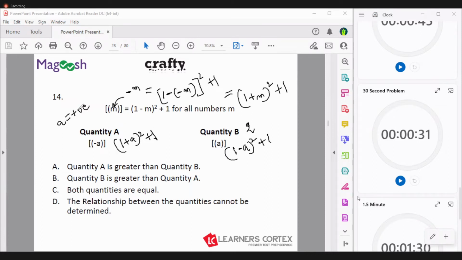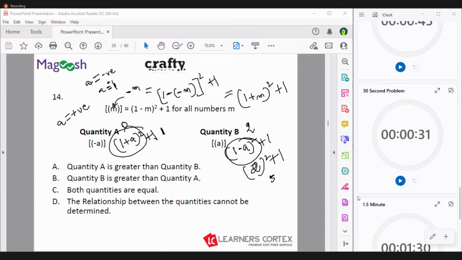Yes, sir. But if you take a negative value for a, say 1 minus 1, this becomes 0, and then 0 plus 1 will be 1, and this becomes 2. So 2 square would be 4 and 1, so 5.